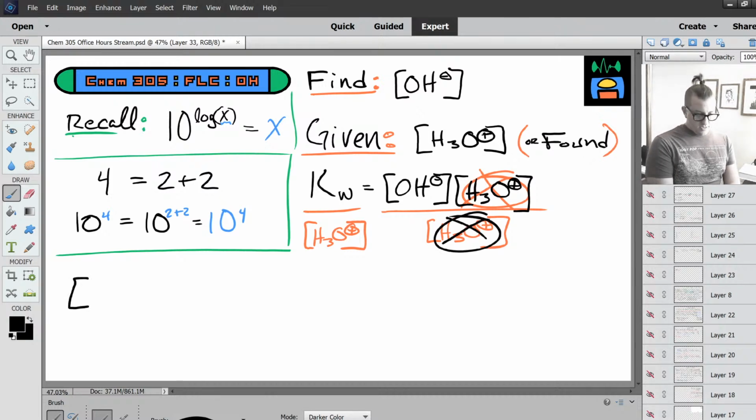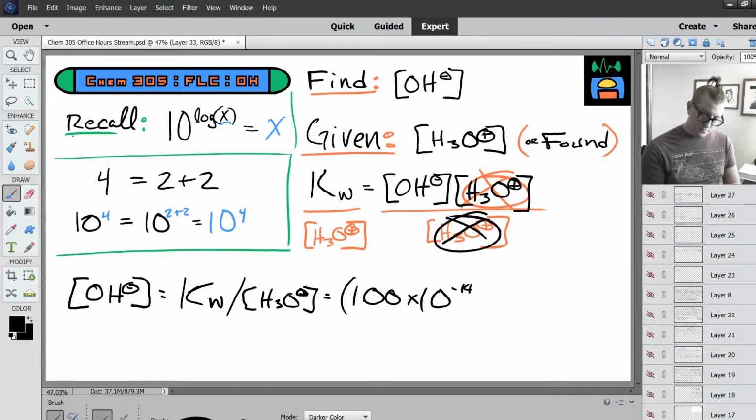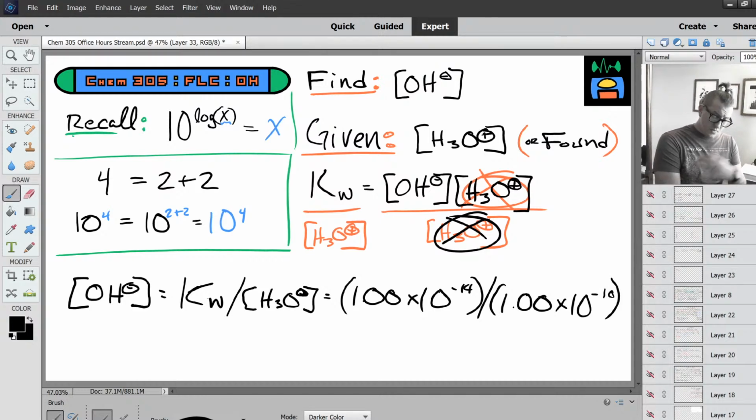So we get an expression for the concentration of hydroxide equal to Kw over the concentration of hydronium. Kw is 1.00 times 10 to the negative 14th, divided by 1.00 times 10 to the negative 10, because that's what we solved for in the previous step of the problem.